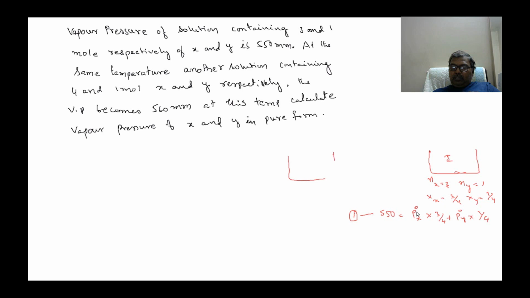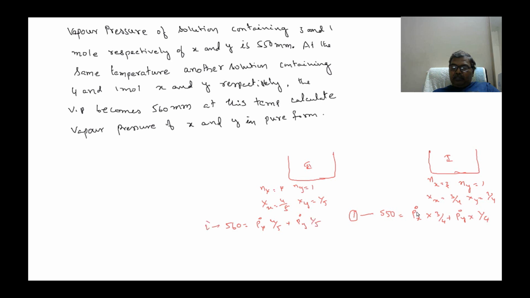Now the second solution. In the second solution, number of moles of X is 4 and number of moles of Y is 1. Mole fraction of X is 4 by 5, mole fraction of Y is 1 by 5. And total pressure became 560, right? So 560 is equal to P naught X 4 by 5 plus P naught Y 1 by 5.